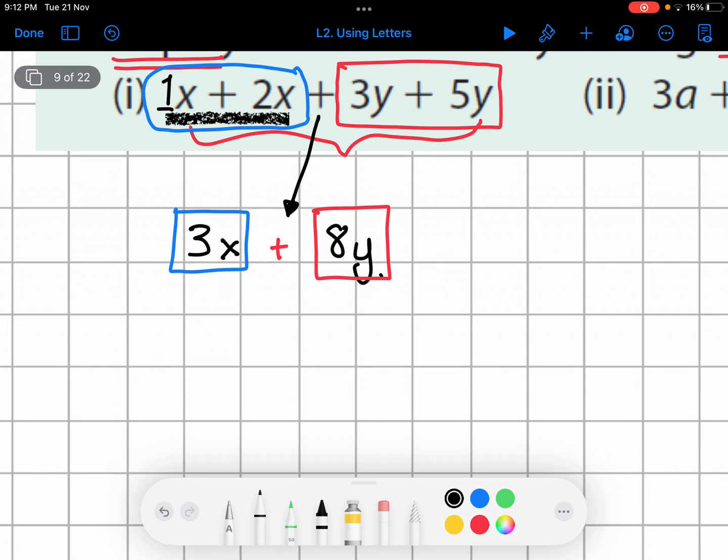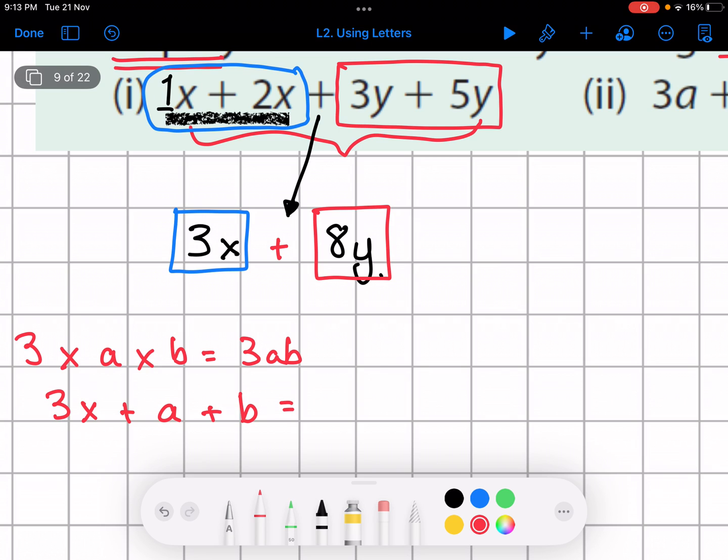If you multiply an x and a y, so 3 multiplied by a multiplied by b will give you 3ab. But if it's adding, so 3x plus a plus b, you cannot write it in short.